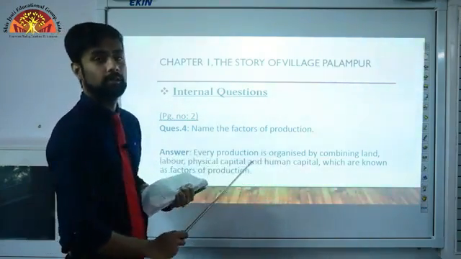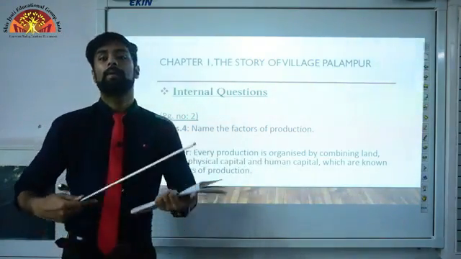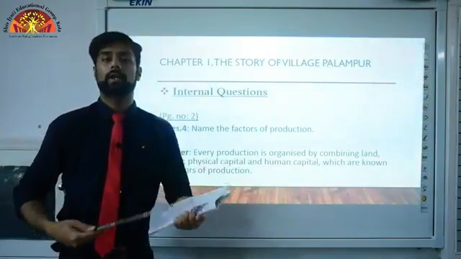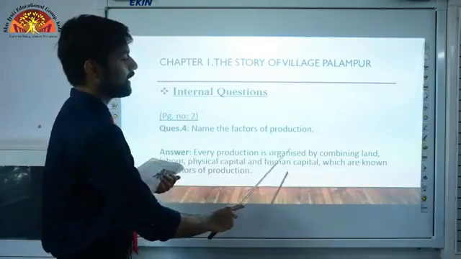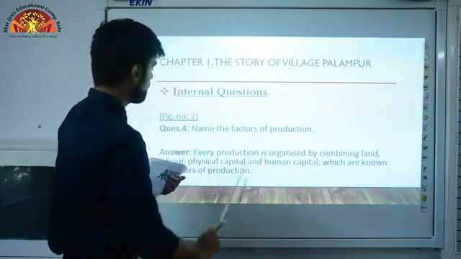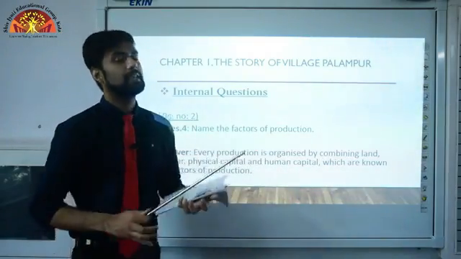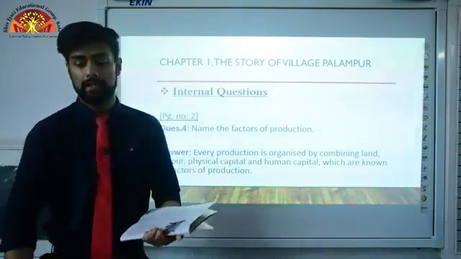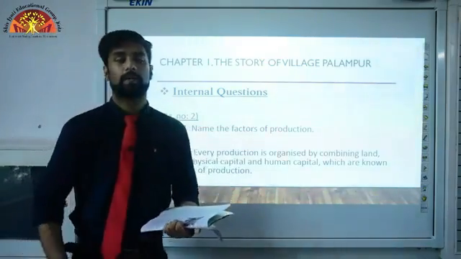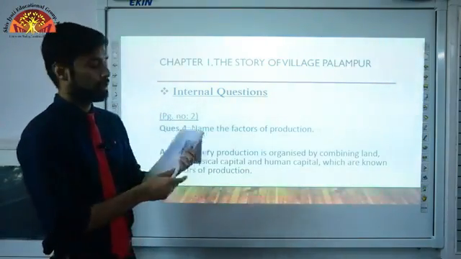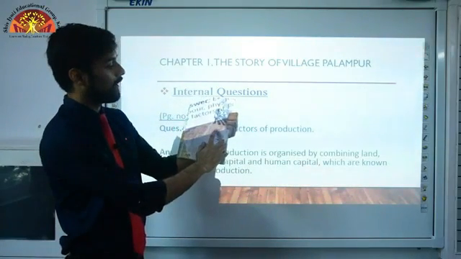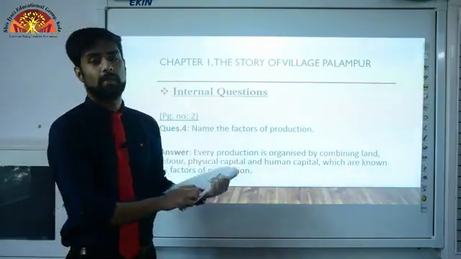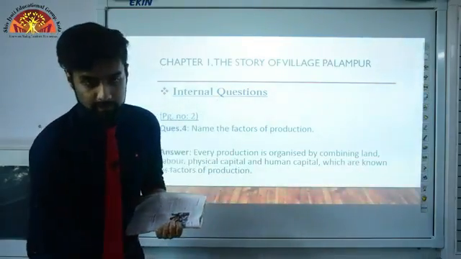As I just told you, when we are opening a factory or opening an institute or organization, we require 4 things: land, labor, physical capital and human capital, which are known as factors of production. Means these are the factors which affect production in any given factory. Okay students? I hope you mark this. You found this answer beneath the picture on page number 2, where "factors of production" is highlighted in bold.